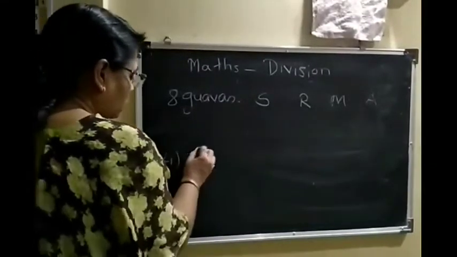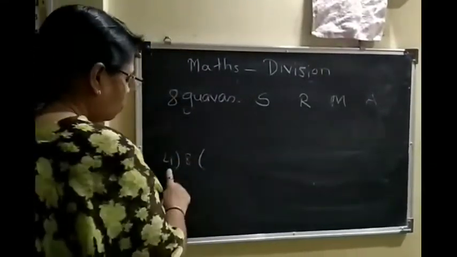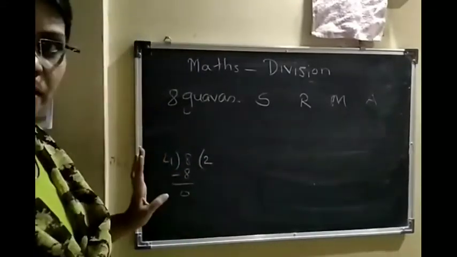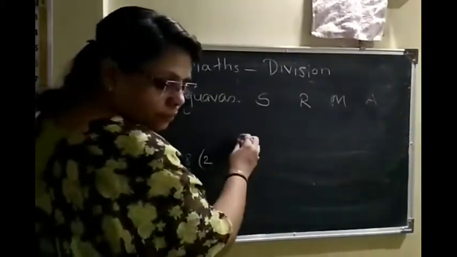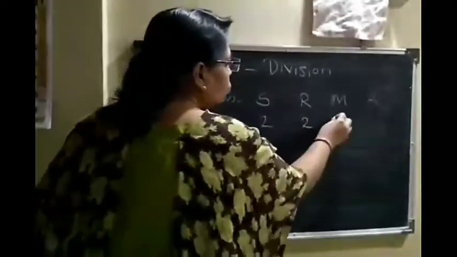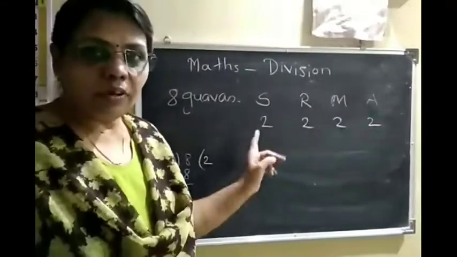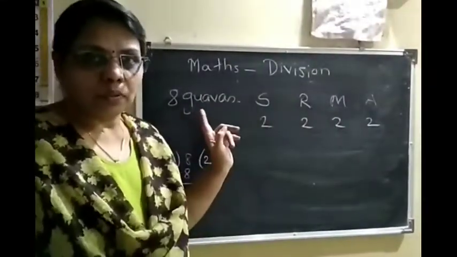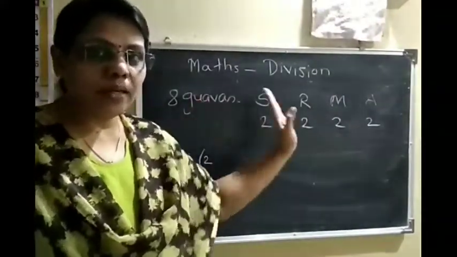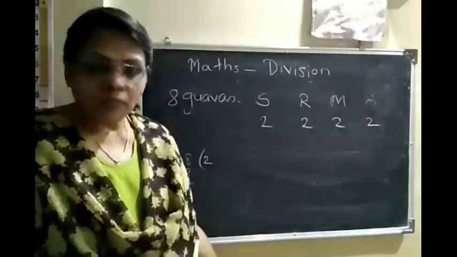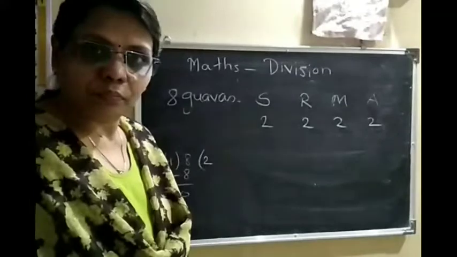So again divide it. 4 twos are 8. So 2, 2, 2, 2. 2 guavas will be given to each of them. In this way you divide 8 guavas among these children equally.